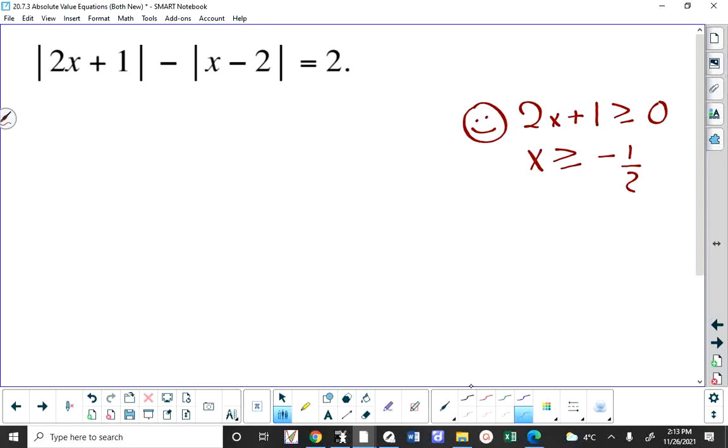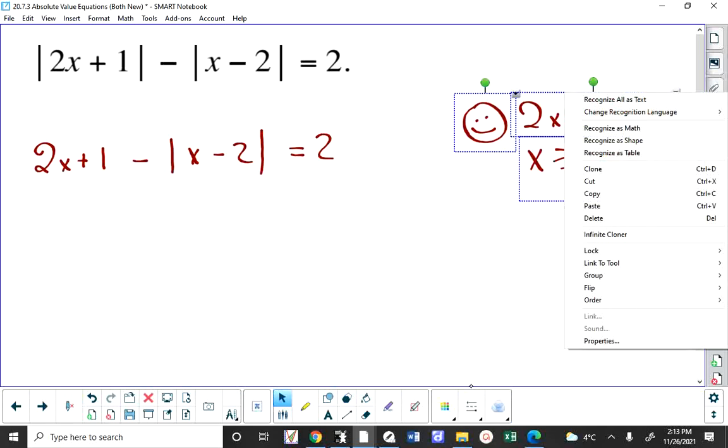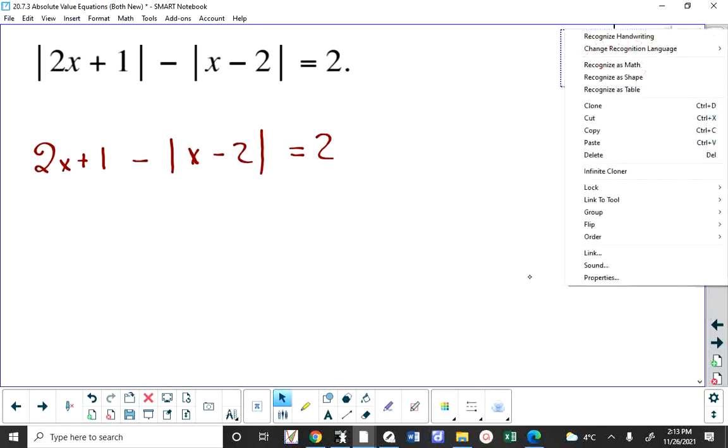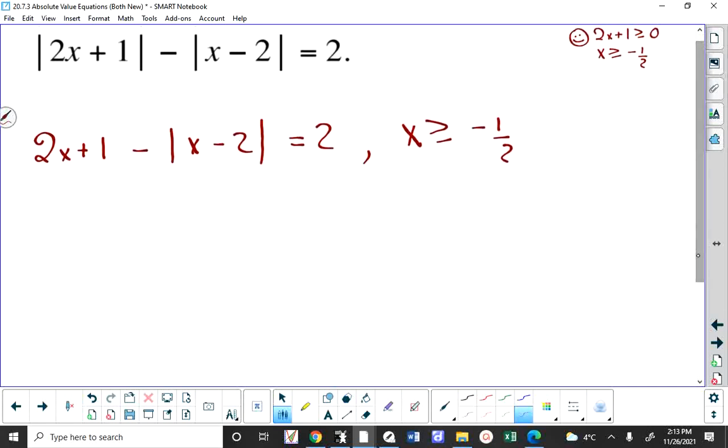It means that this equation would not need absolute value signs around the 2x plus 1 if x is greater than or equal to negative 1/2. Fair enough?